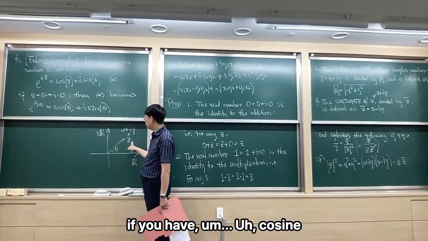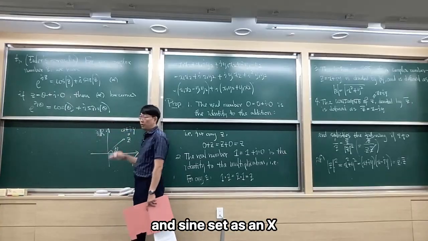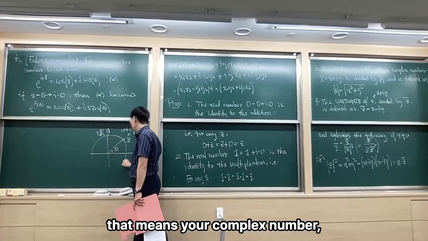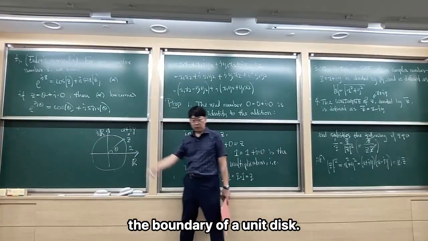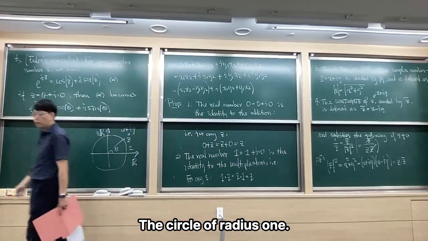So if you have cosine and sine theta as the x and y coordinate of a point, that means your complex number, your point, is lying on the boundary of a unit disk, the circle of radius 1.